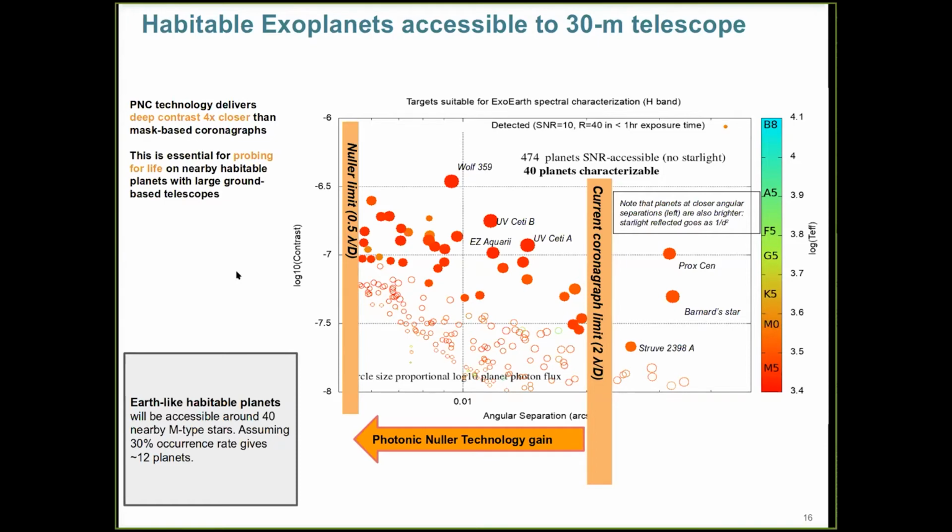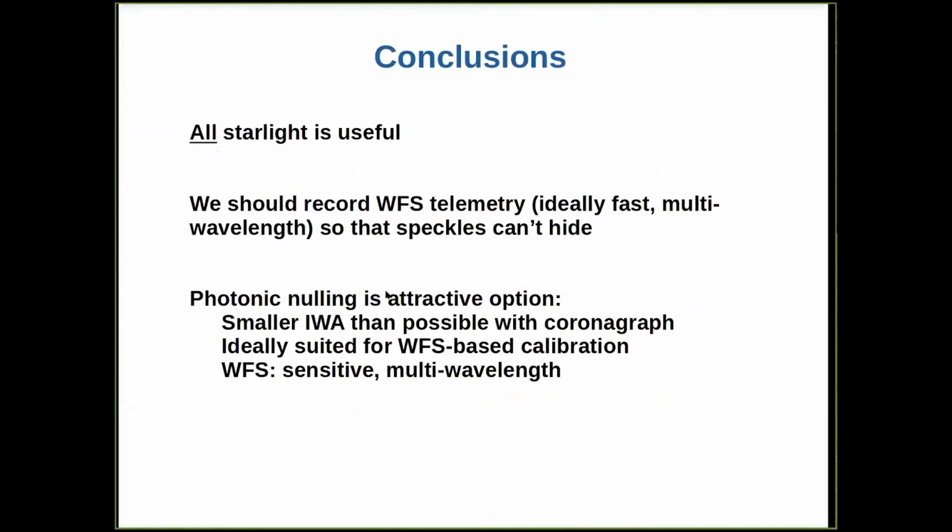Hopefully not too long-term. And my conclusion slide, the takeaway messages: all starlight is useful. Don't throw it away. You should store it because someone might one day figure out how to use it to remove the noise from your science data. And you should record as much as possible at high speed and multi-wavelength so that speckles basically can't hide.